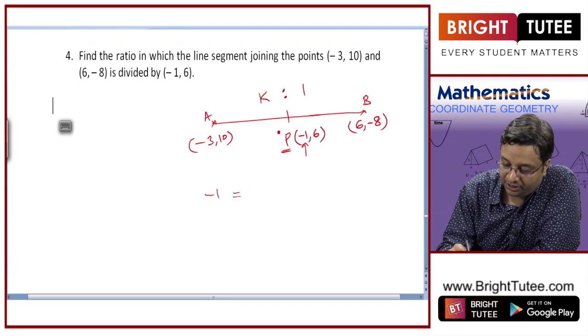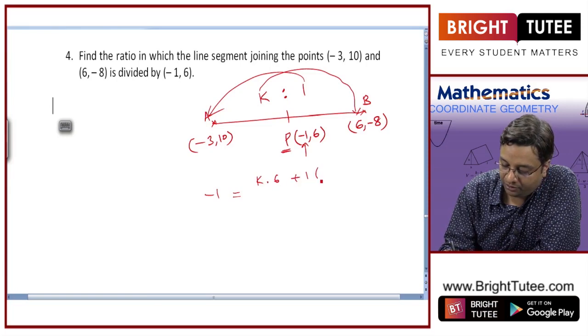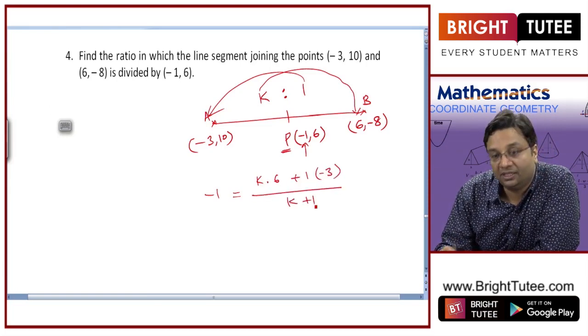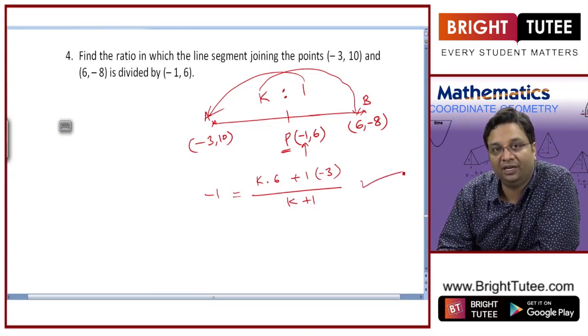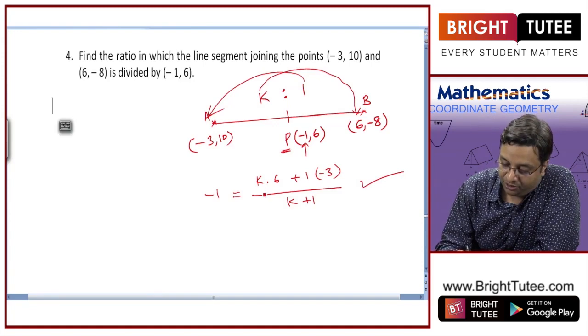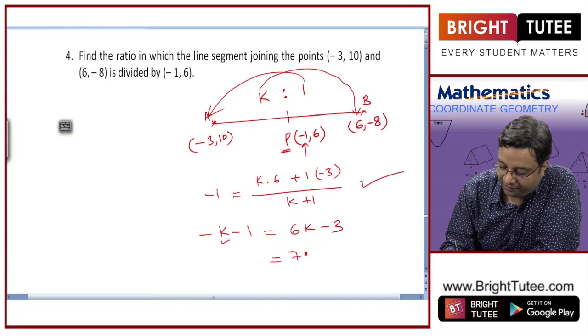So it is equal to k into 6 plus 1 into minus 3, divided by k plus 1. Just by using this equation you can find the value of k. You don't need the y coordinate, right? So if I cross multiply, it will give me minus k minus 1 equal to 6k minus 3. So if I bring this k here, it will become 7k.